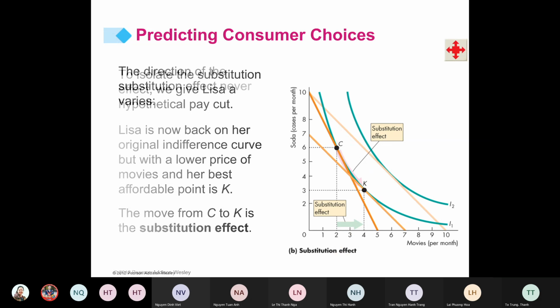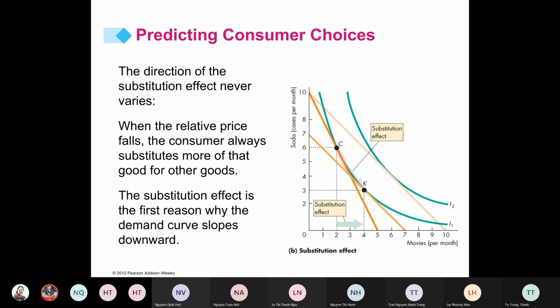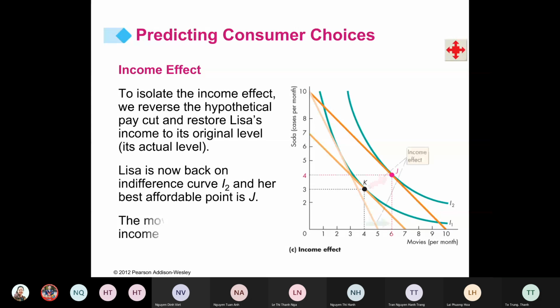Now, the final consumption is point J, right? So what happened from K to J?